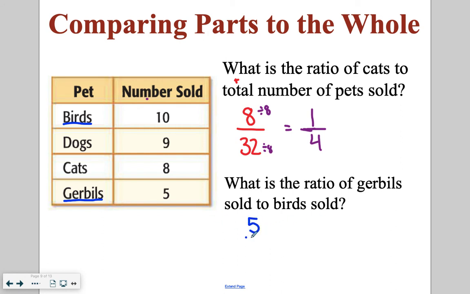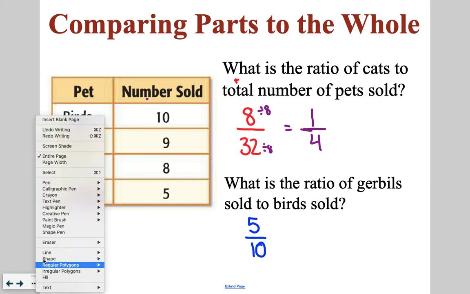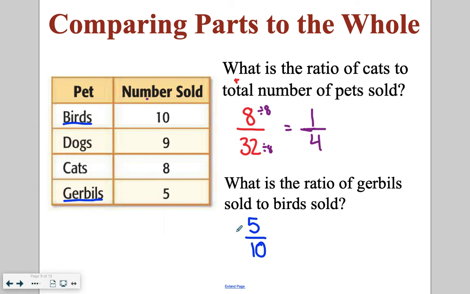And then our denominator is our birds, and that's 10. Again, we can reduce our ratio by dividing both of these by 5, and that gives me 1 over 2. So that means there is 1 gerbil sold for every 2 birds sold.